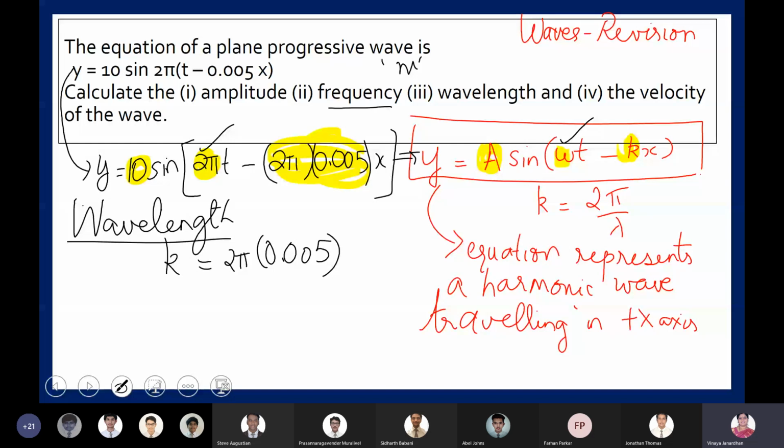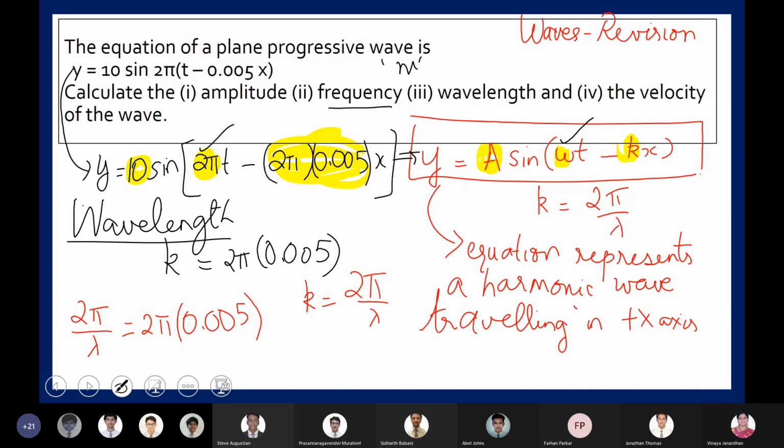And you know that k is equal to 2 pi by lambda. So then I can write 2 pi by lambda is equal to 2 pi into 0.005. Correct? So now calculate lambda.